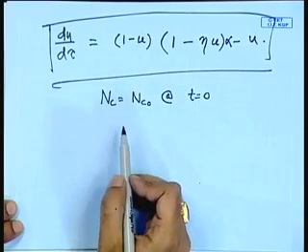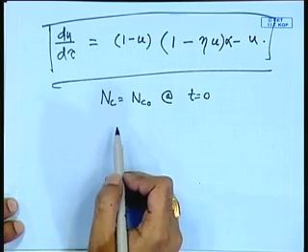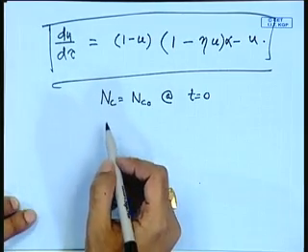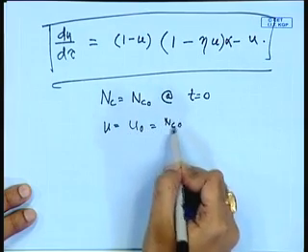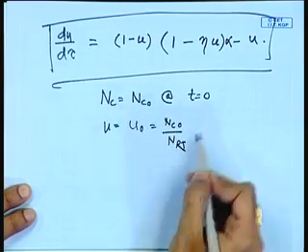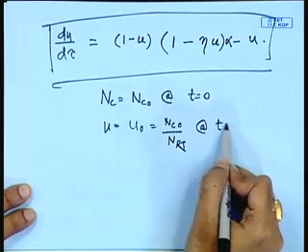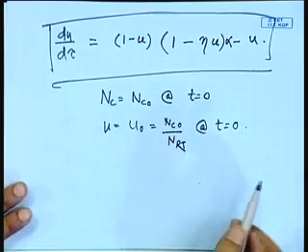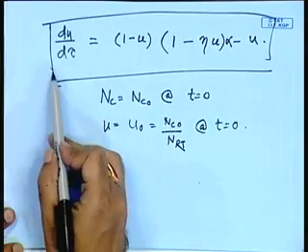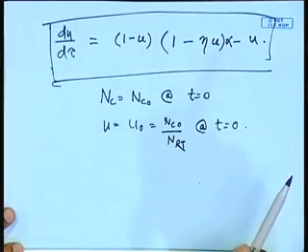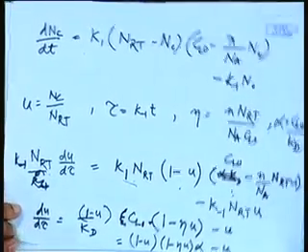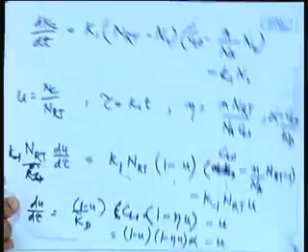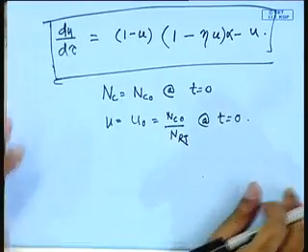Now if I put it back into my dimensionless variables, I have U equals U naught, equals NC naught over nRT at t equals 0. So this is the equation that I now need to integrate. If you need the steps, these are the steps, and this is what I got.